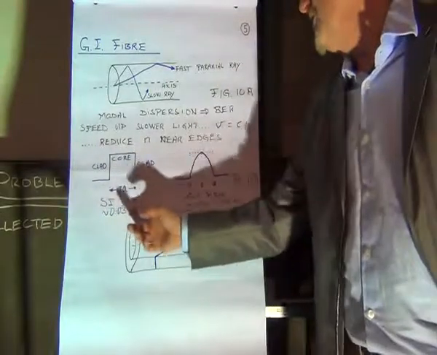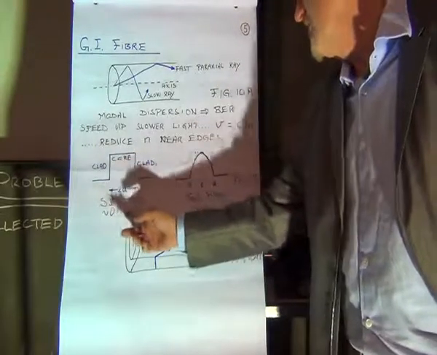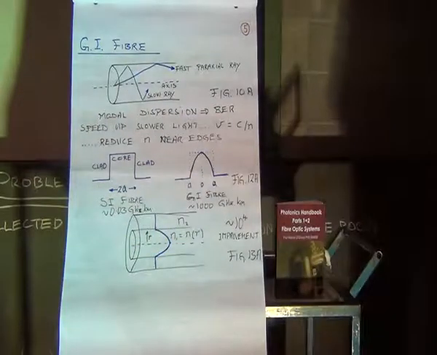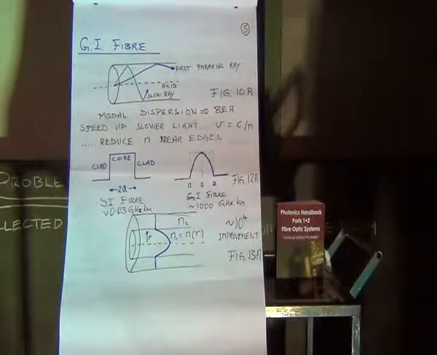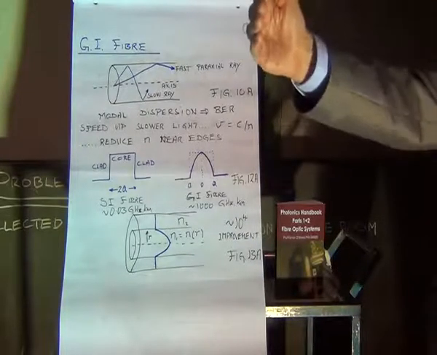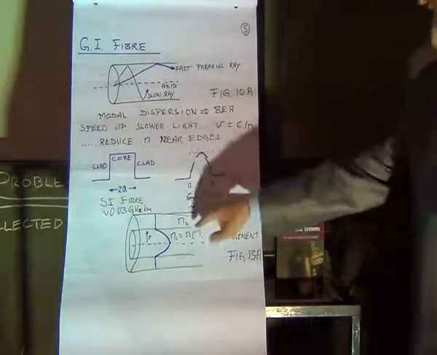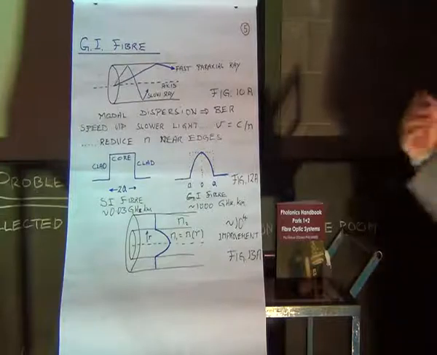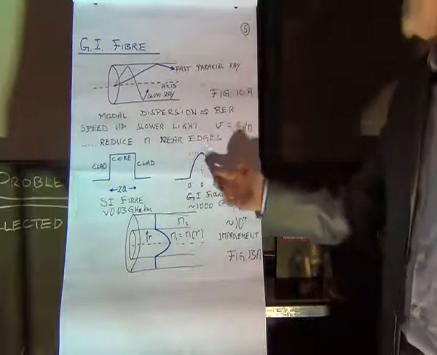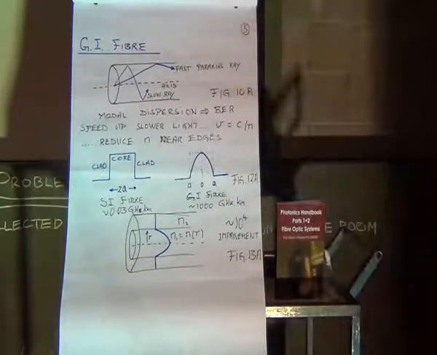The bandwidth distance product here is 0.03 gigahertz times kilometre, and the bandwidth distance product there, both those factors are crucial, the bandwidth and the distance you can go. The product is around 1,000. So it's well worth our while to find a way to make the graded index.